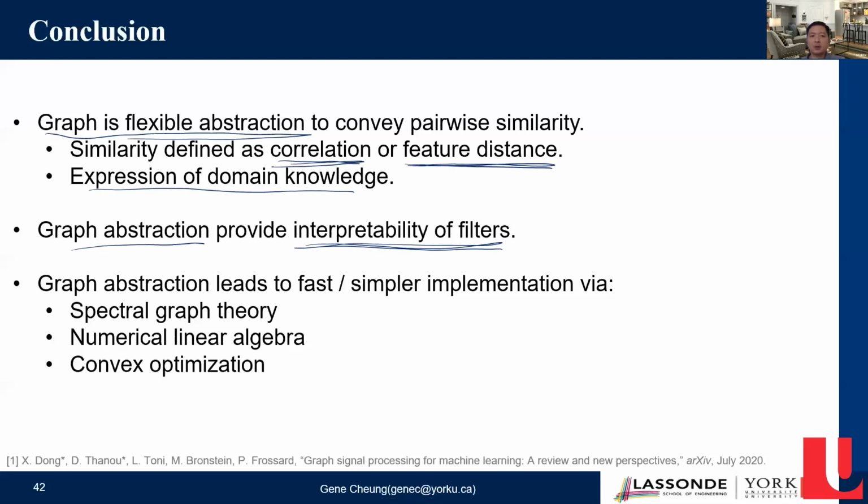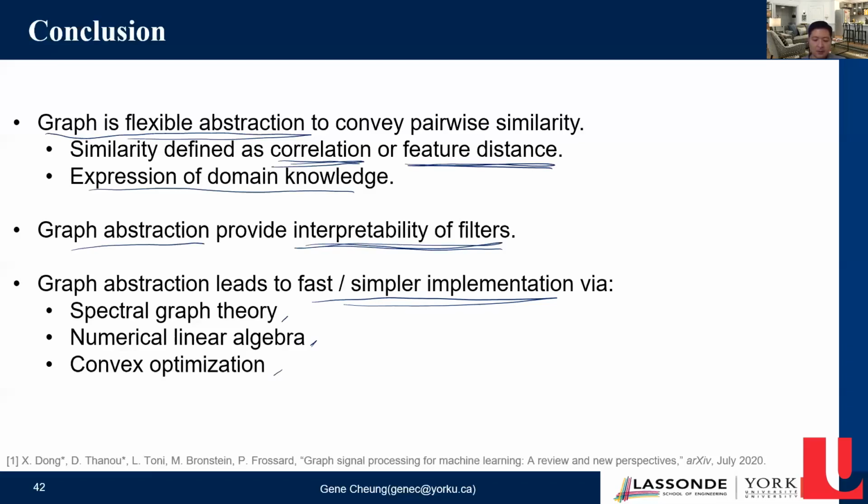In our case, we can always interpret our formulated problem, our operations, as graph low-pass filters, which is great. And this interpretability leads to actual useful things. For example, it can lead to fast or simple implementations that either require fewer parameters or are fast, leveraging things we know in spectral graph theory, numerical linear algebra, and convex optimization.